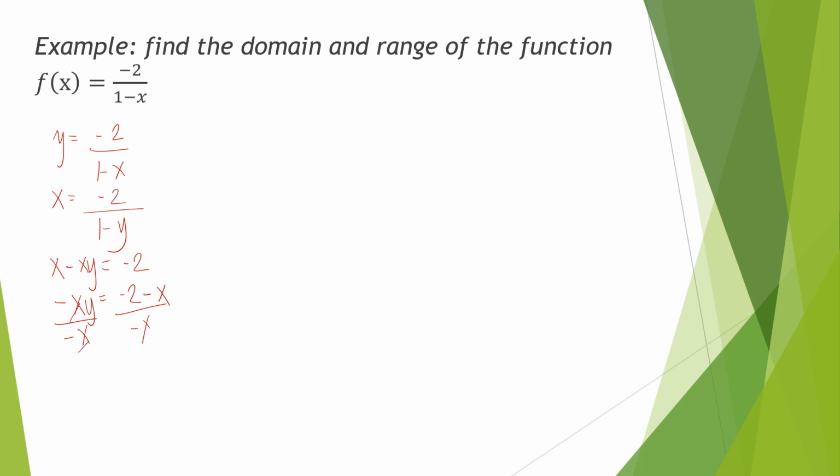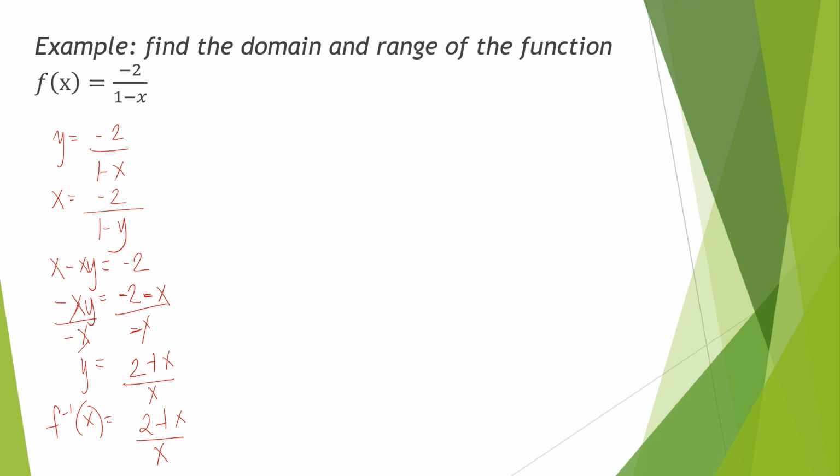So we cancel. So y is equal to, since our 2 is negative and x is negative, negative divided by negative is positive, so that is 2, then negative x divided by negative x is positive, so plus x all over x. So that is the inverse, f of negative 1 of x is equal to 2 plus x all over x. Okay?